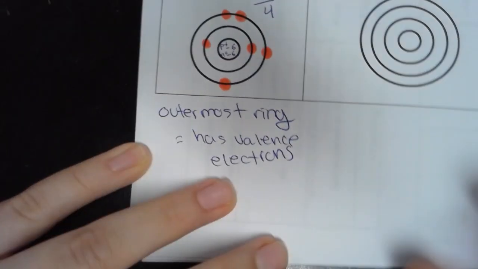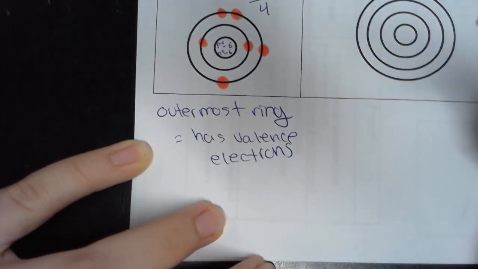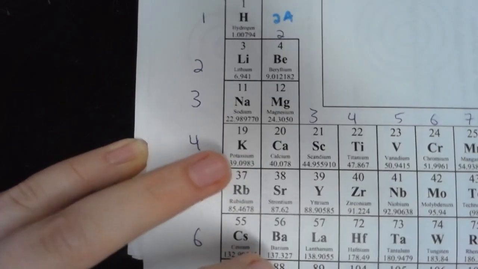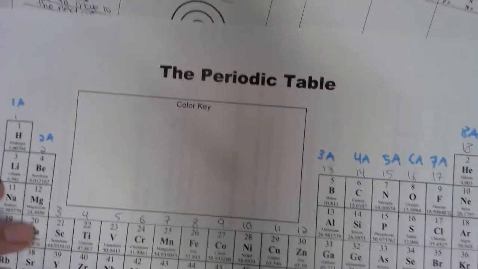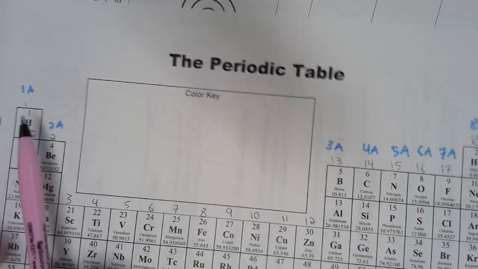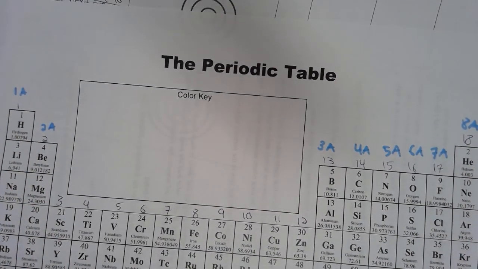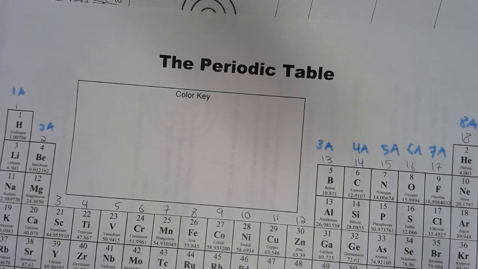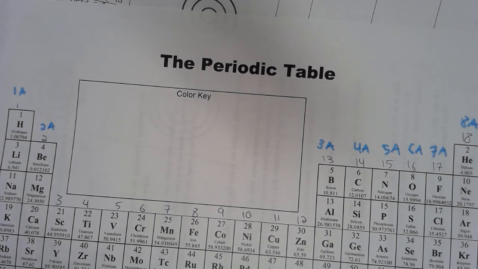Alright, so my outermost ring in this case had 1, 2, 3, 4 valence electrons. The way that I can check that, on my periodic table, I'm going to zoom out for a second. Okay, on my periodic table, remember I had you number the groups 1 to 18. That's the number of the groups, but I think a lot of you remembered, like a lot of you thought that this was 8. You weren't wrong for one case.